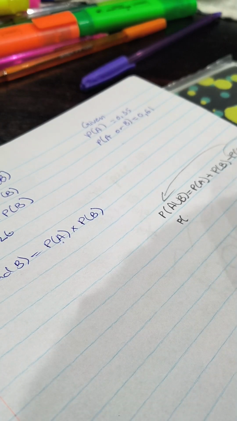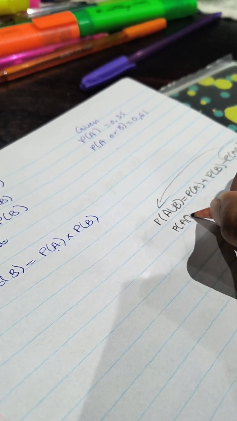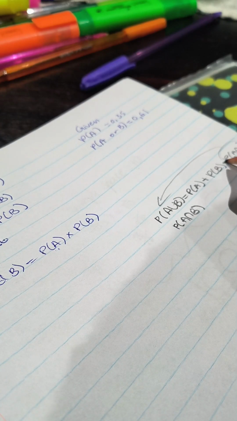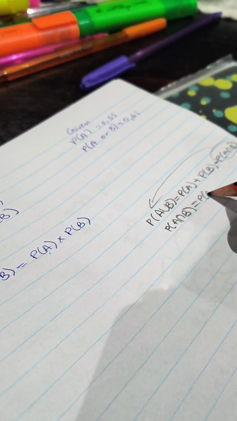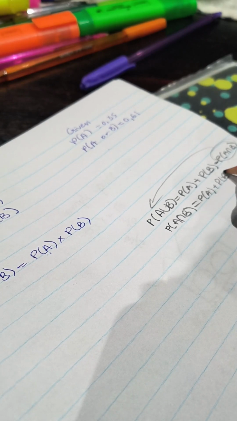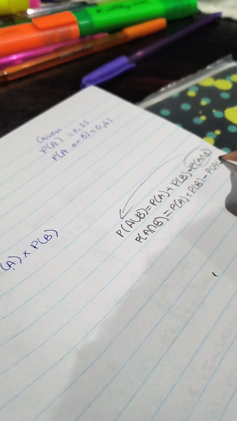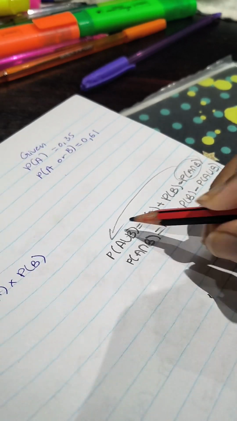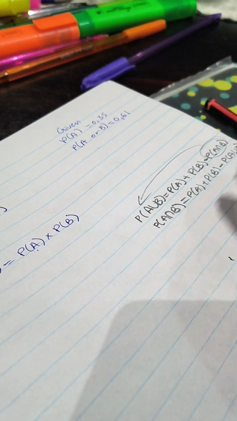So we're going to take P of A and B and put it that side. P of A and B is going to be positive as it was negative here. And then this side we're going to have P of A plus P of B minus P of A or B, because P of A or B was positive this side, that side is going to be negative. So we have manipulated the formula now.